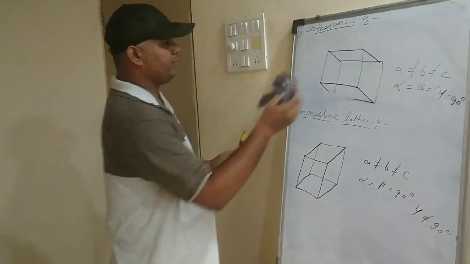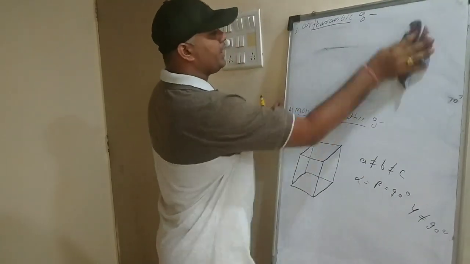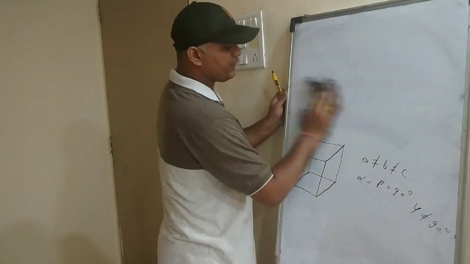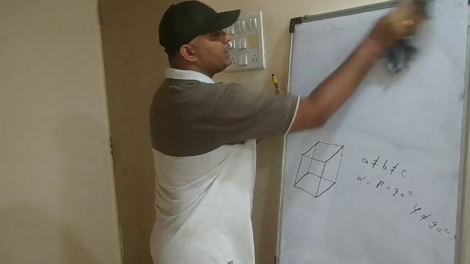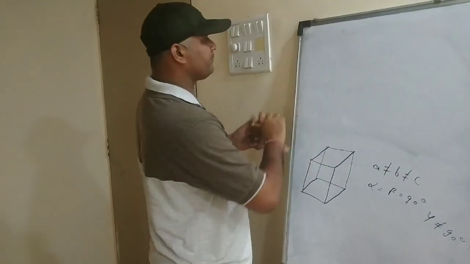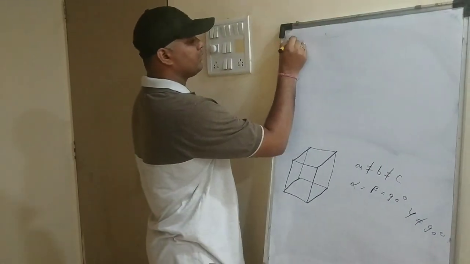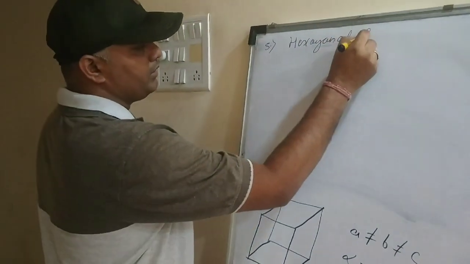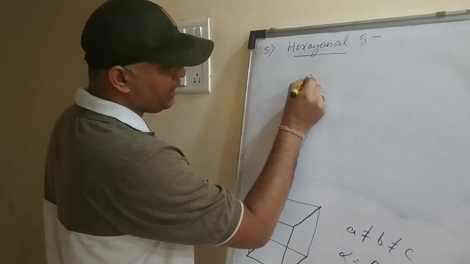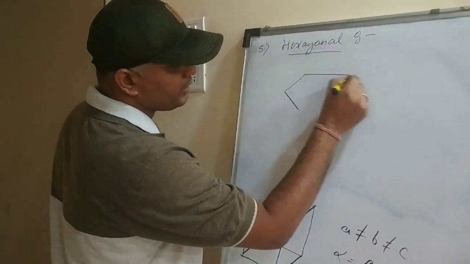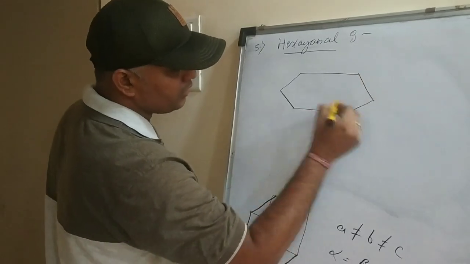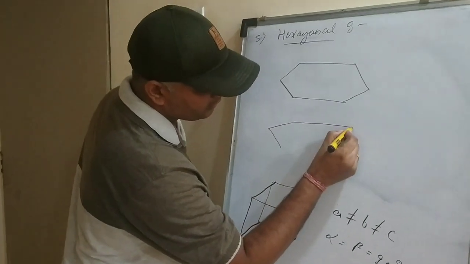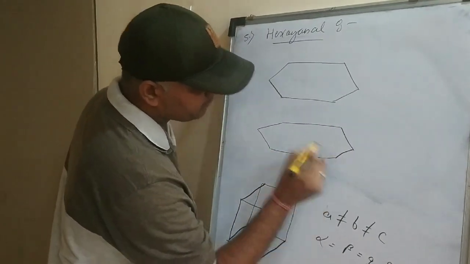Let's move further. Fifth one, hexagonal. Right? Hexagonal is very important. It is a little bit difficult to draw. I will try to draw on the board. How to draw hexagonal? See, draw a benzene ring on the top, then draw one more benzene ring at the bottom.